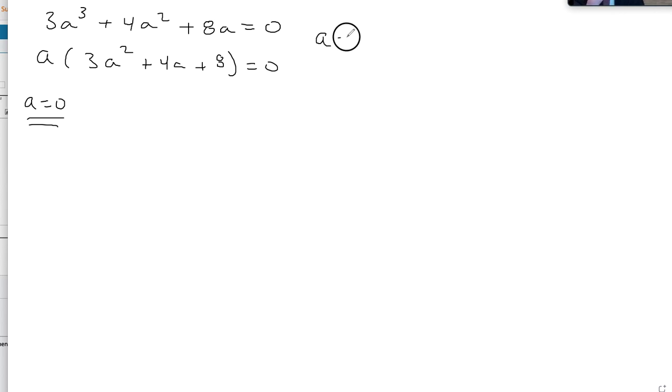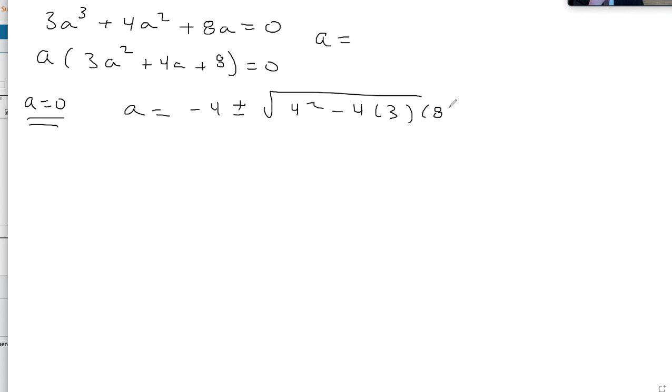So this is going to go a equals, actually let me come down here with it. a equals negative b, so negative 4, plus or minus the square root of 4 squared minus 4 times a is 3, and then c is 8, all over 2a.